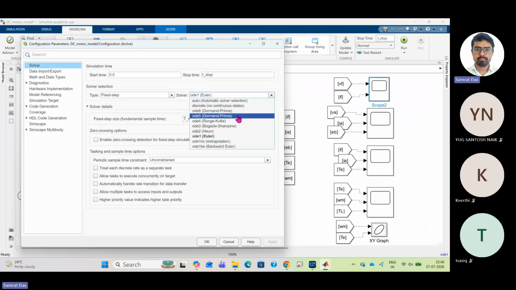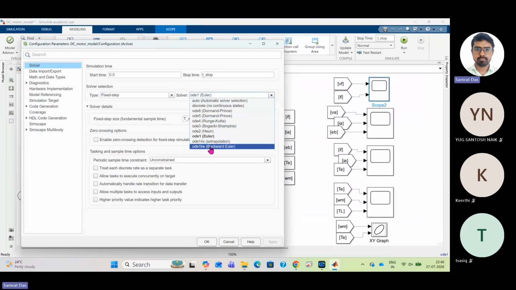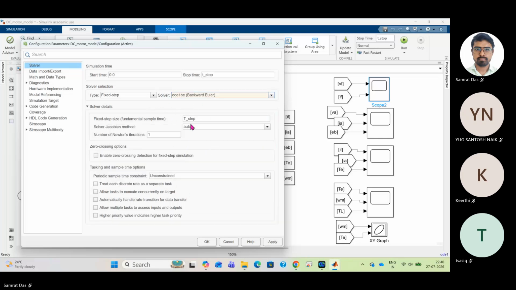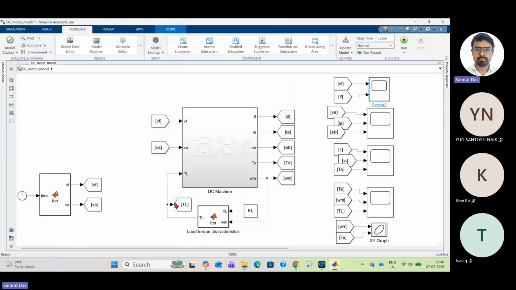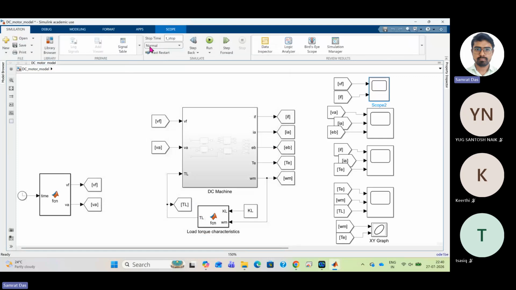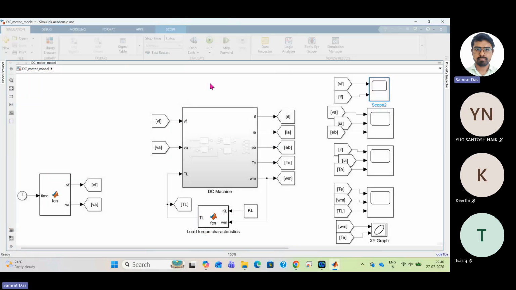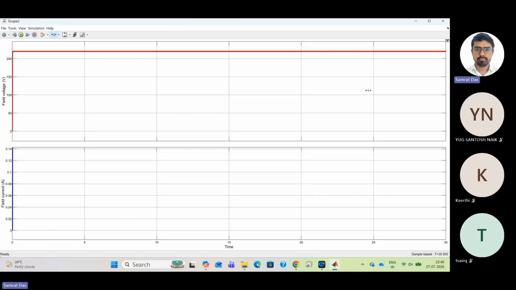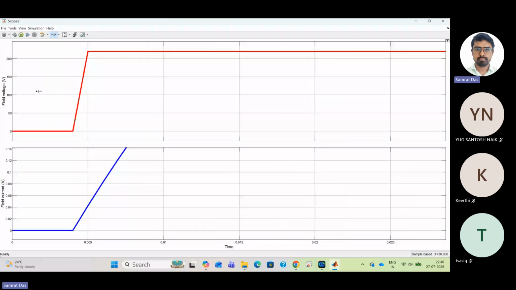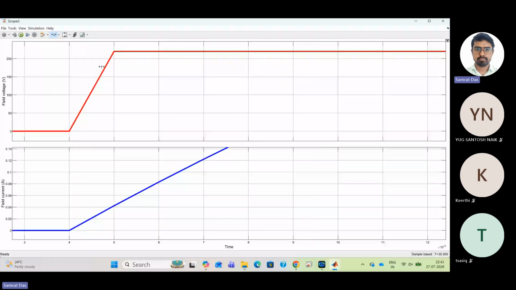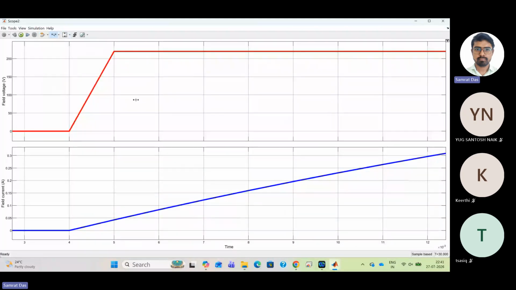Now if I close it, go to the model settings and change the solver to ODE1BE, that is the backward Euler. Apply, okay, and if I solve it now, right, I need to zoom in a little bit more to have the similar picture as the previous one.